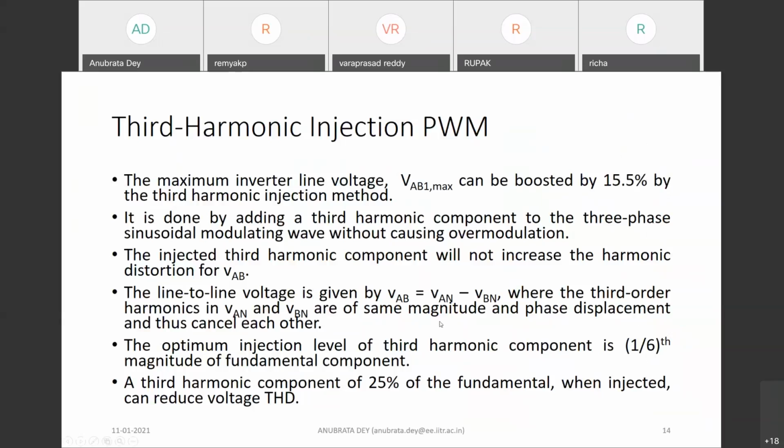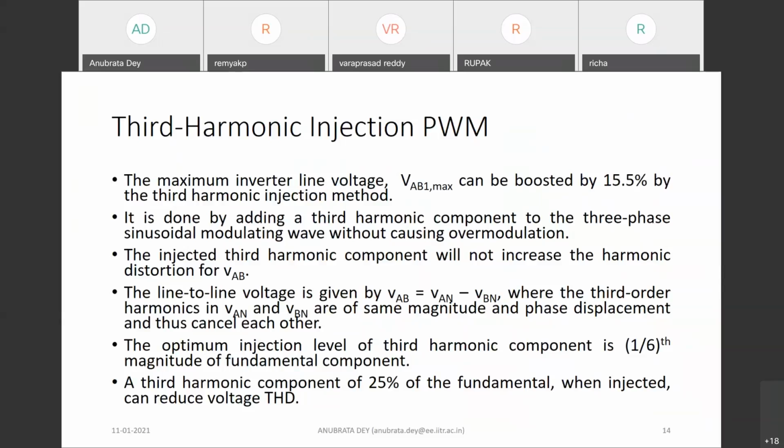But sometimes creating a third harmonic waveform is difficult practically, right? For a given signal, you have to lock that third harmonic signal with the fundamental signal, and that fundamental signal can also vary. Frequency may vary, its magnitude can vary. Accordingly, we have to change the third harmonic magnitude and frequency.